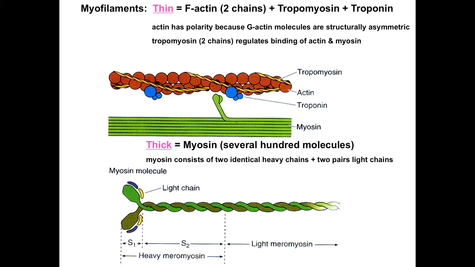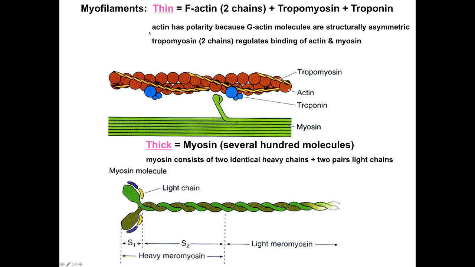You may remember from your study of biochemistry that F-actin is filamentous actin, essentially polymerized G-actin molecules. So in this cartoon, each of the little brown balls would be a molecule of G-actin. Actin has polarity because G-actin molecules, you may remember from biochemistry, are structurally asymmetric.